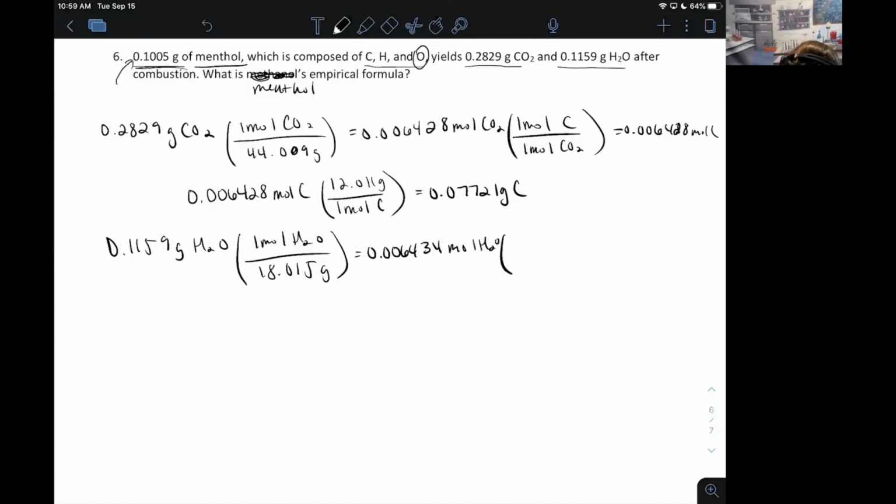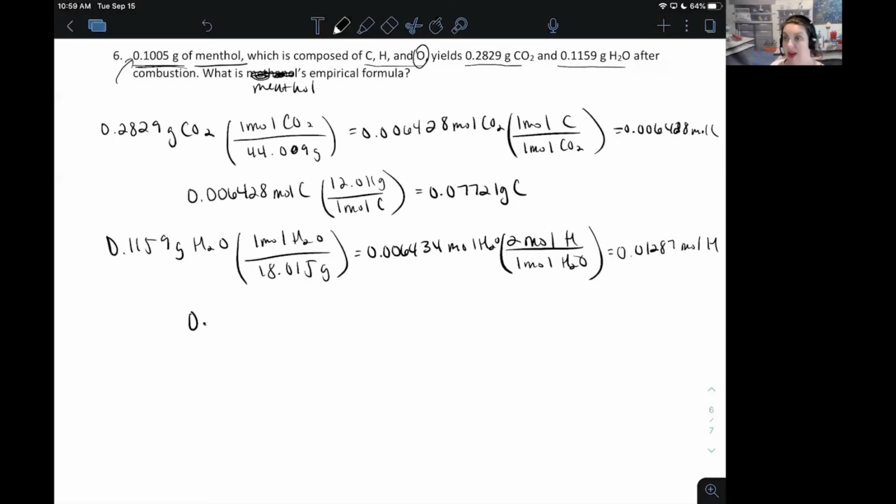And then for every 1 mole of water, we produce 2 moles of hydrogen atoms, giving us 0.01287 moles of hydrogen.